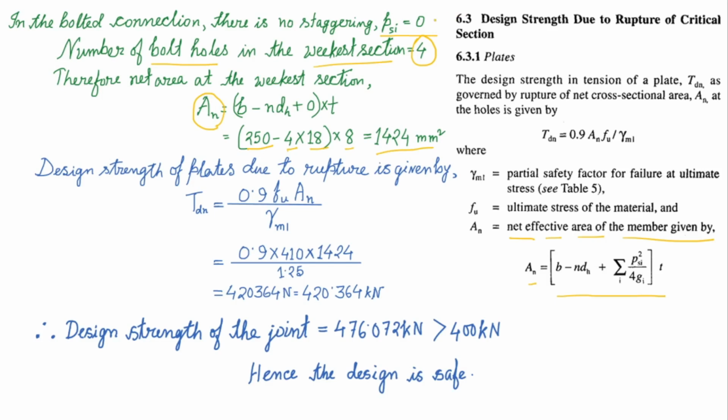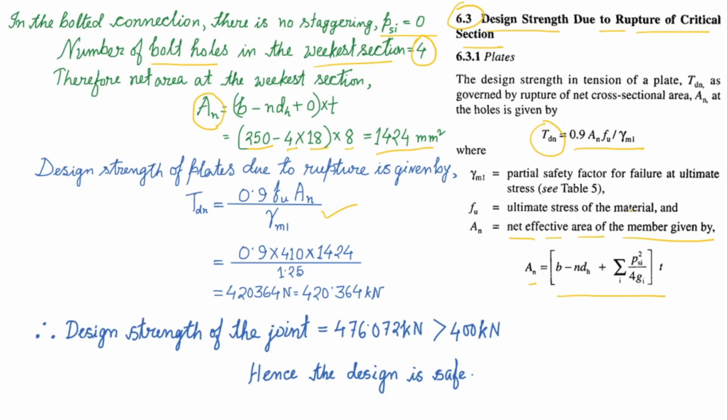So here to calculate the design strength due to rupture of critical section we have to use clause 6.3 of IS 800. So the TDN we have to calculate using this formula 0.9 AN FU by gamma m1. So FU, what is FU?